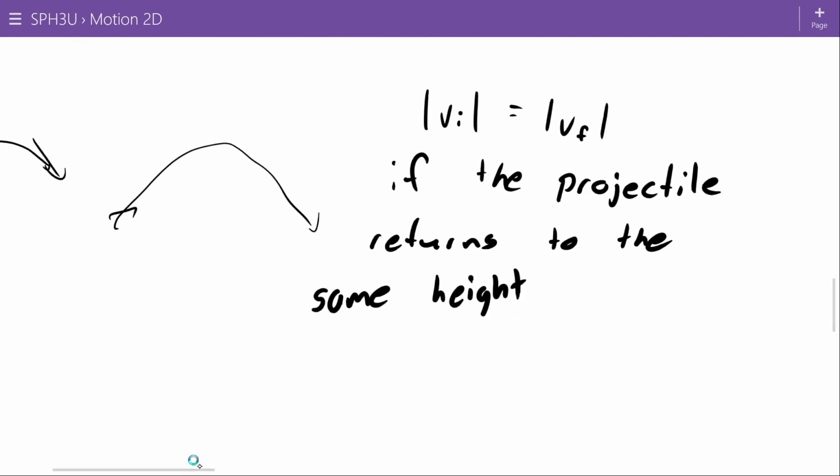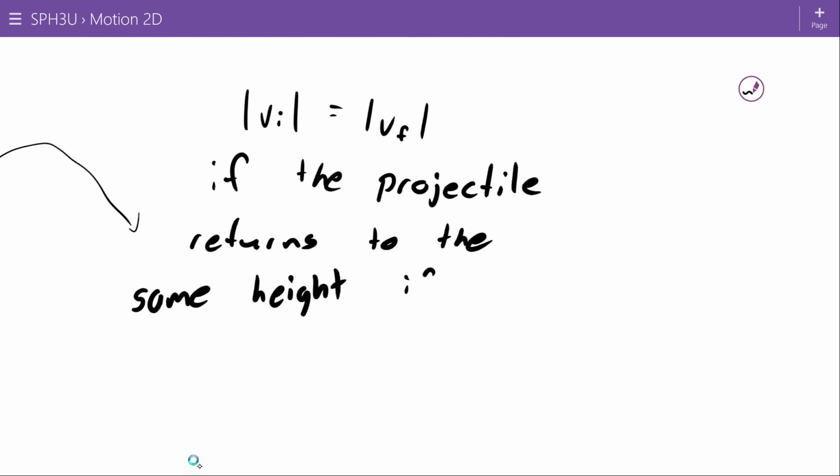Or if you prefer to think about it this way, if delta D vertical is equal to 0. So that explains why the last two final velocities have looked the way they have. That's all for projectiles. So that's the end of the video.